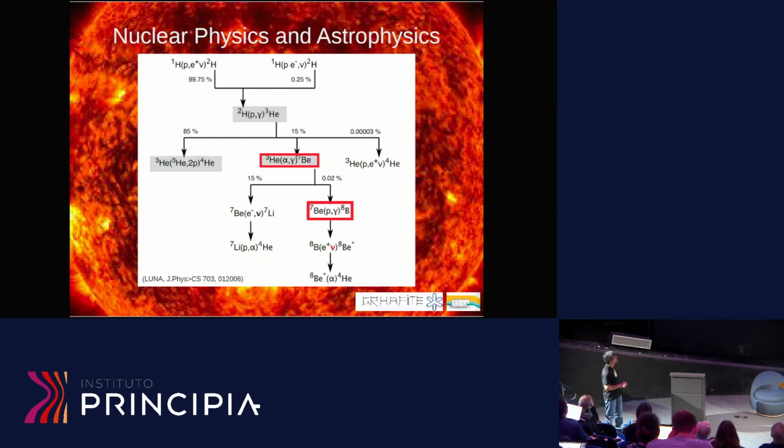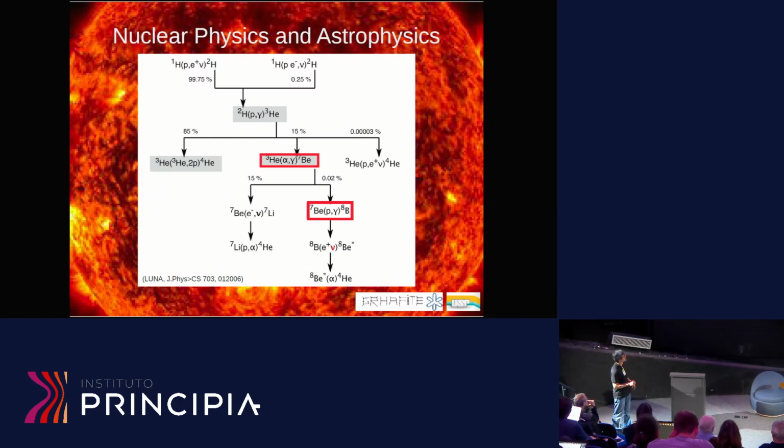So even though 15% of the neutrinos go through this reaction, as I mentioned, they are specific neutrinos with appropriate energies that we can measure here. All the other neutrinos are outside the range that can be measured here on Earth. So here's the importance of these two reactions.